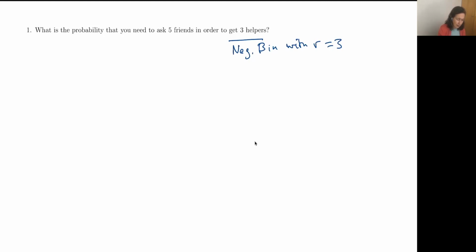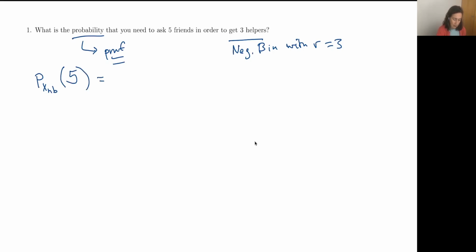So what we're looking for here is the probability. This is a question about the PMF. So what we want here is the probability for the negative binomial that we need to ask 5 friends in order to get 3 helpers.